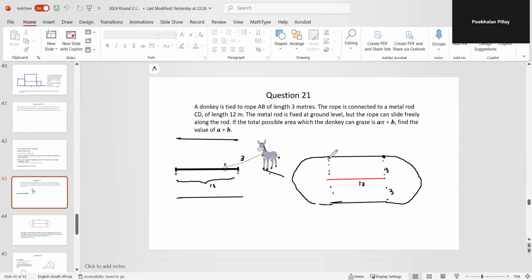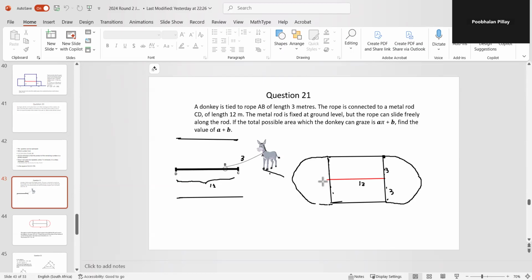So you actually have a rectangle in between, and the side of the rectangle is 6. So this area here, which the donkey can graze in, is 72. We'll hold on with that.